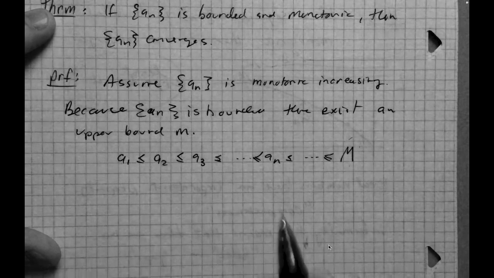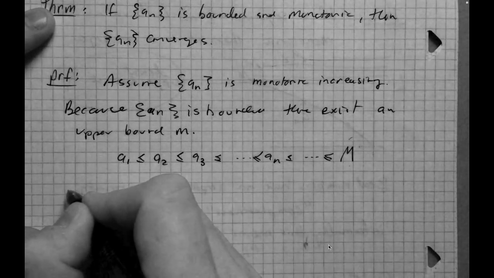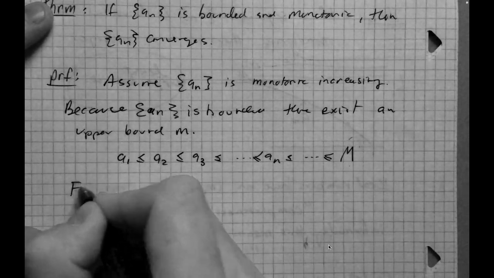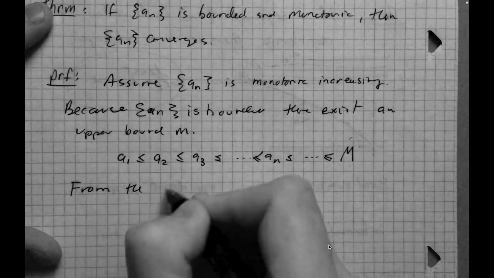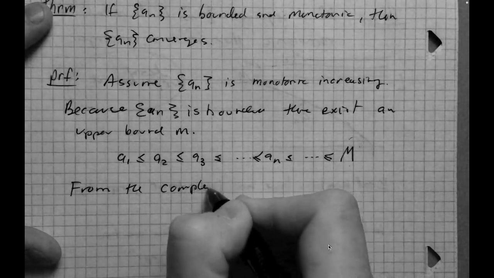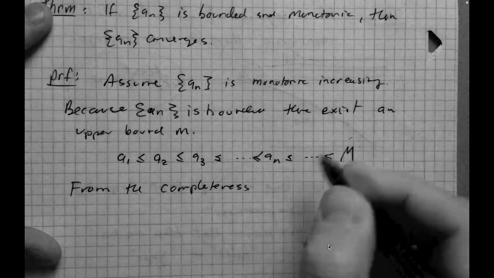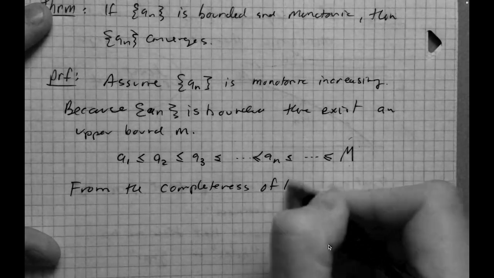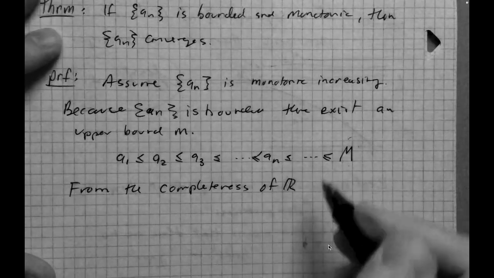Okay, now here's where we'll bring in the least upper bound, because, well, we should say from the completeness of R. This is a big piece of it.